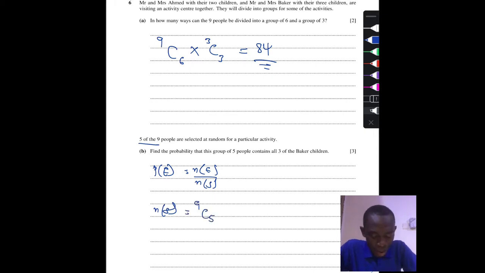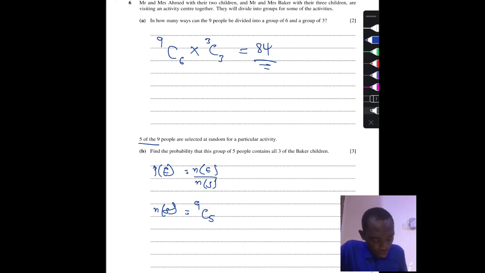Okay, but now it's left with the event itself, and the event is that you are going to choose 5 people, but 3 are already selected because it says that it must contain all 3 of the Baker children. So you are not going to select 5 people anymore. You are now going to choose 2 to go and add to the 3 Baker children so that you will have your probability.